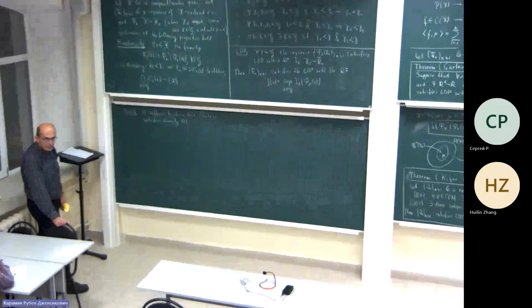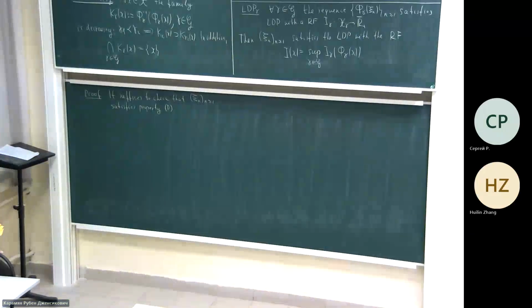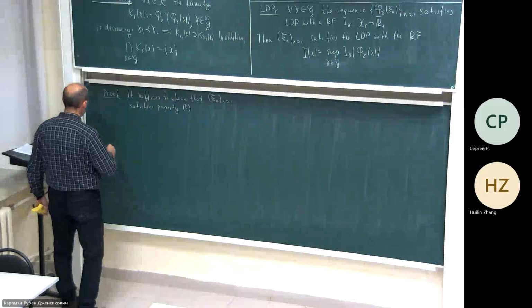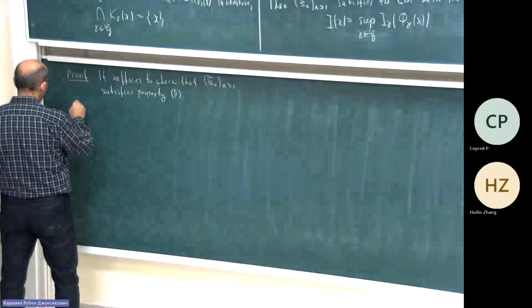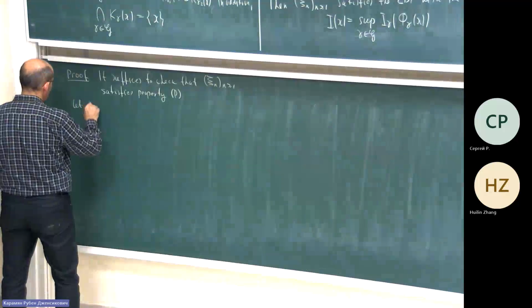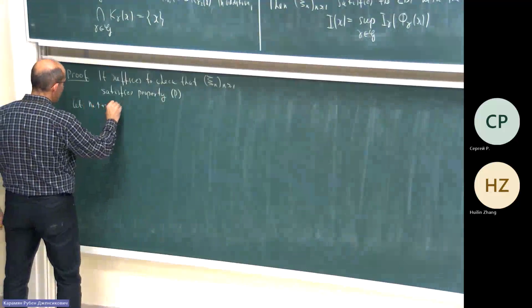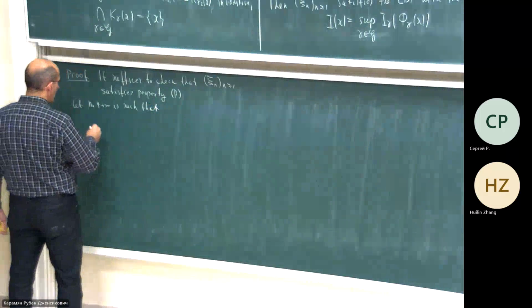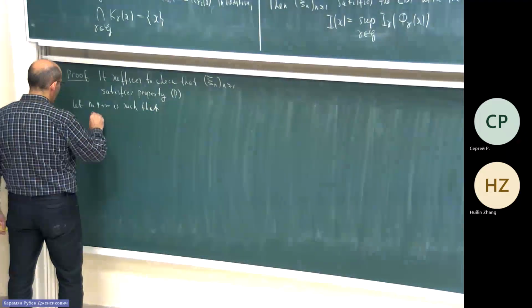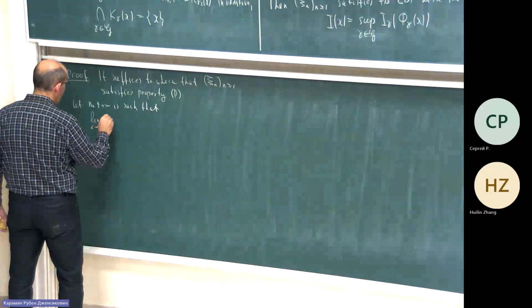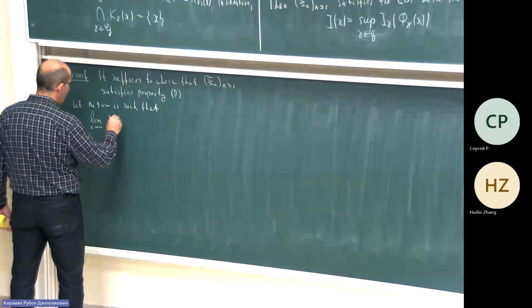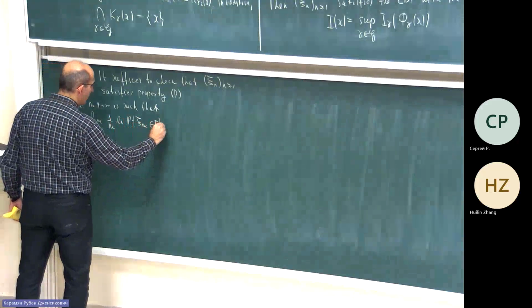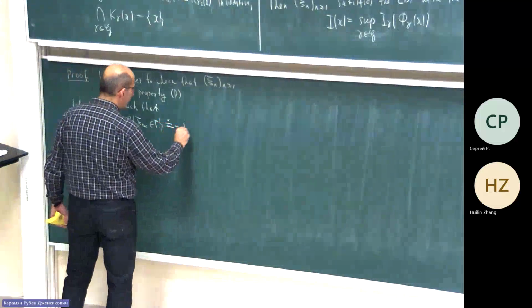Okay, so we need to check property P, which means that if you have a sequence n_k going to plus infinity such that you have that usual relation: the limit as k goes to infinity of 1 over n_k logarithm probability that psi n_k is in gamma is equal, with a dot, to minus J of gamma.